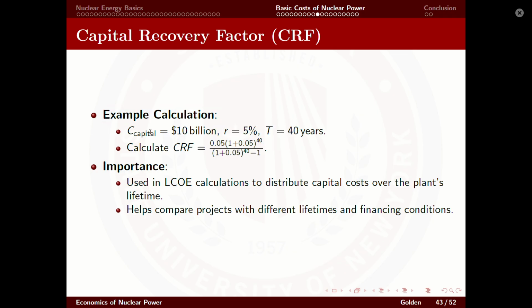For the capital recovery factor, you have C capital, we'll assume 10 billion. That's probably about right, actually, for the plants you're developing now. So R equals 5%, T equals 40 years: 0.05 times (1 plus 0.05) to the 40, over (1 plus 0.05) to the 40 minus 1. This is using LCOE calculations to distribute capital costs over the plant's lifetime.